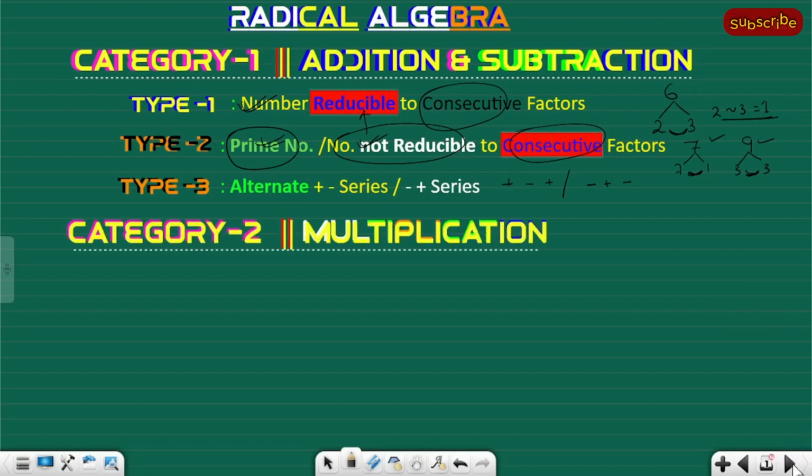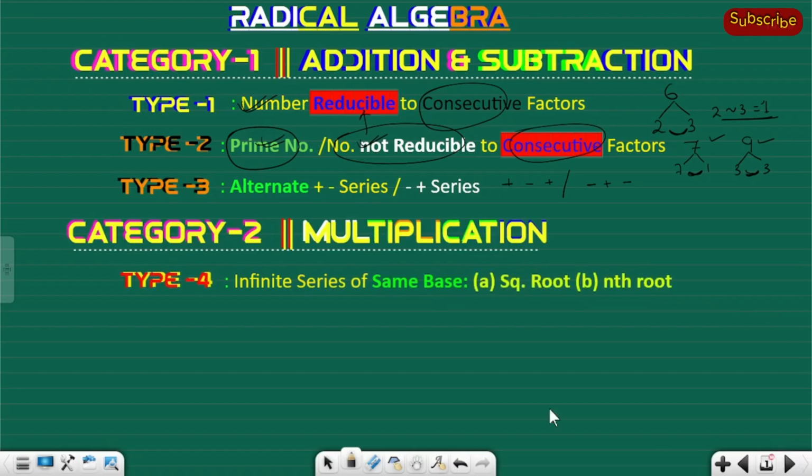Category 2, multiplication. In multiplication, the first category is infinite series of same base. One is for square root and another is for any root. Square root means this. Here if it is blank, we consider it as 2, right?